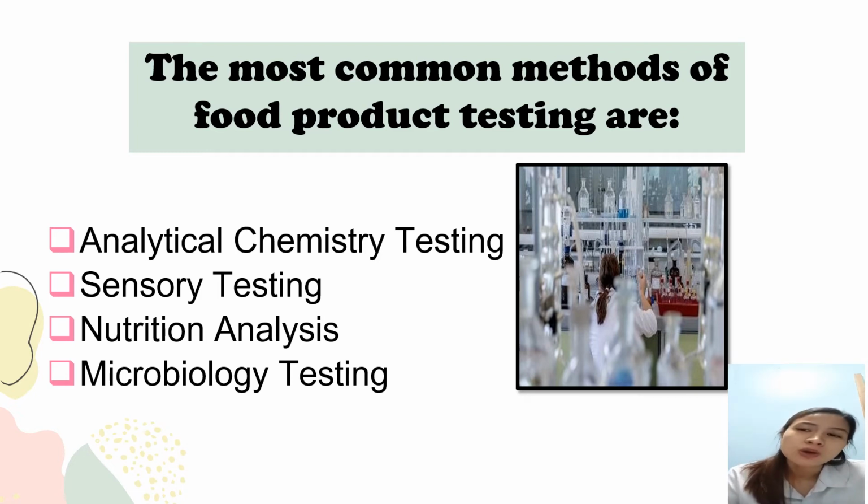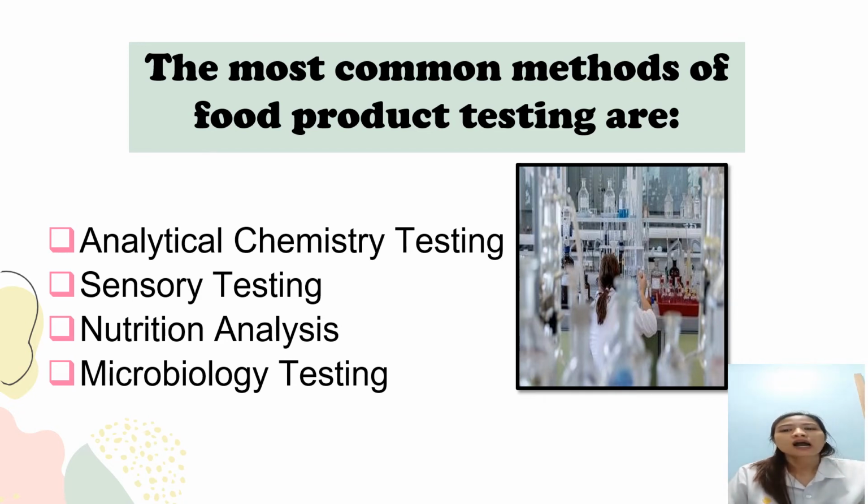Number 2, we have sensory testing. Sensory testing naman is the most basic method of testing, which involves using the human senses of sight, taste, touch, sound, and smell. Number 3, we have nutrition analysis.